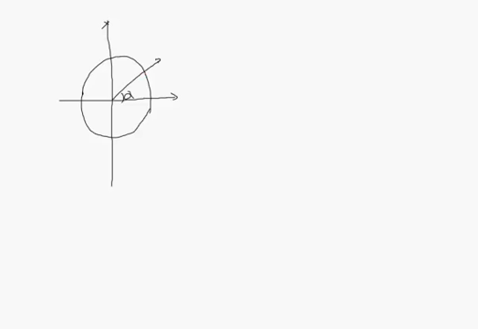Let me use a color. So this is the intercepted arc of this angle. Then let me call this S. So this S, the length of the intercepted arc of this angle, is called the radian measure.